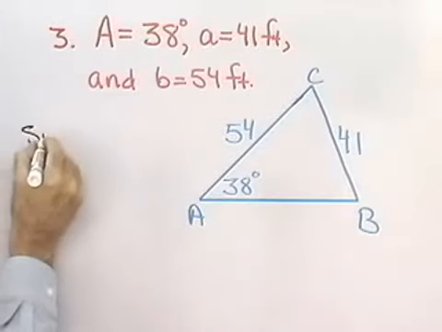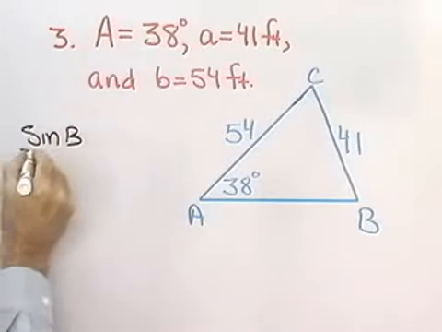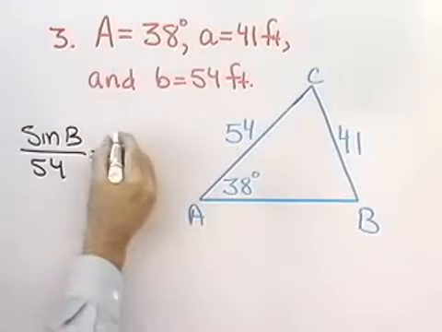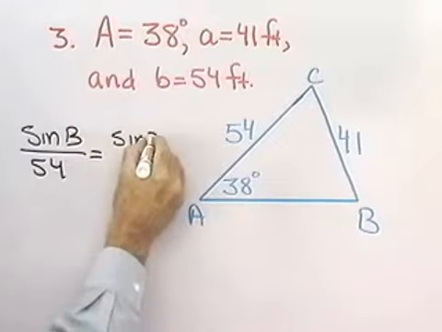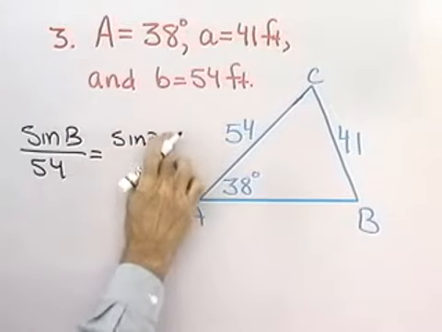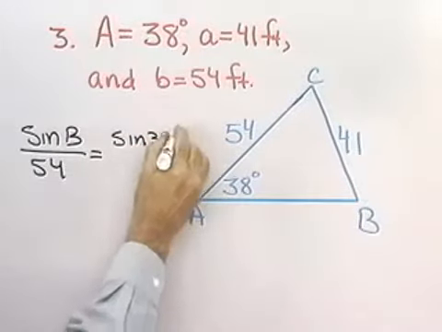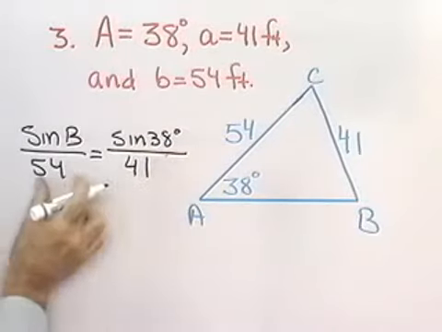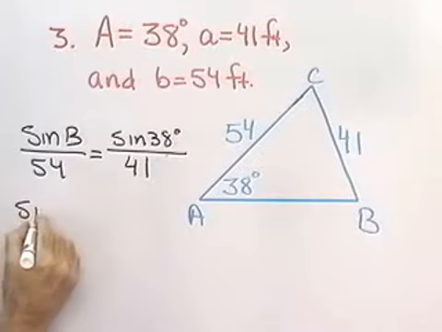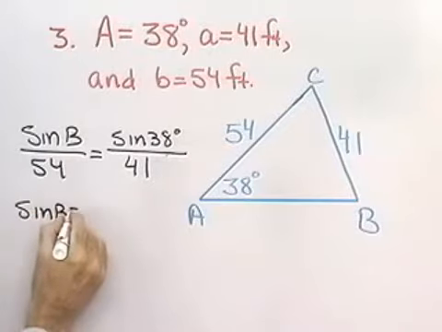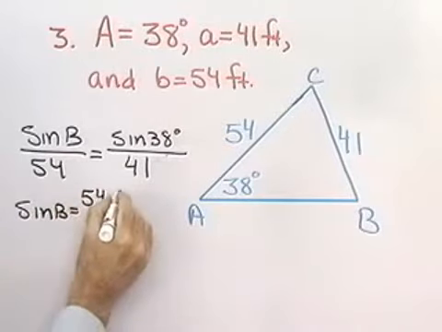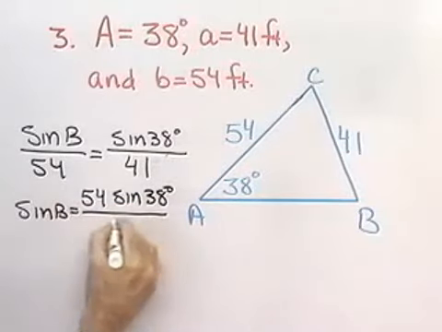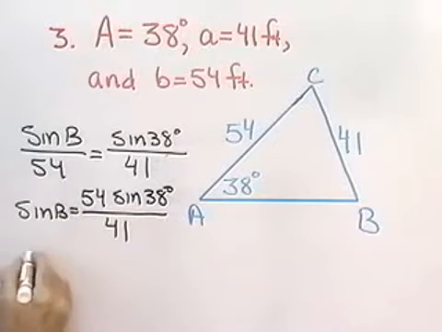So the sine of angle B over 54 is the sine of 38 degrees over 41. Now, I'll multiply both sides by 54, and I'll end up with sine B is equal to 54 sine 38 degrees divided by 41.